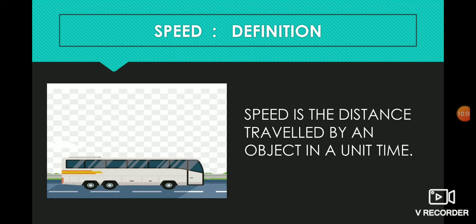By definition, speed is the distance traveled by an object in a unit time. The unit time could be 1 second, 1 minute or 1 hour. So speed tells us in 1 minute or 1 second or 1 hour how much distance an object has traveled.